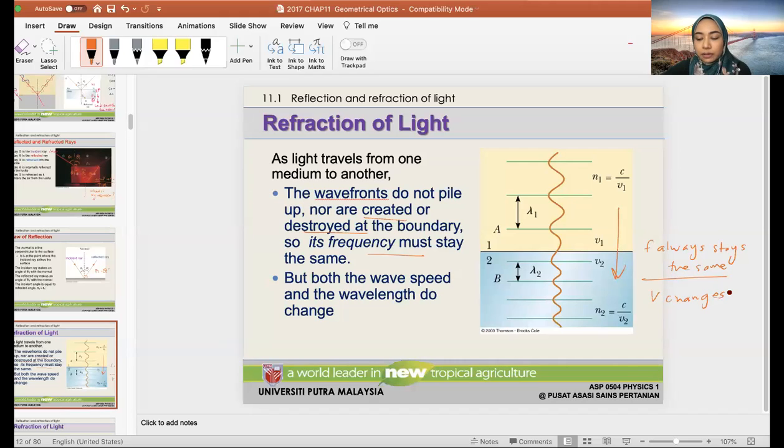If speed changes, our lambda also changes because V equals F lambda. If F is constant and V changes, lambda must change too. So frequency does not change, V and lambda change if you are traveling through another medium.